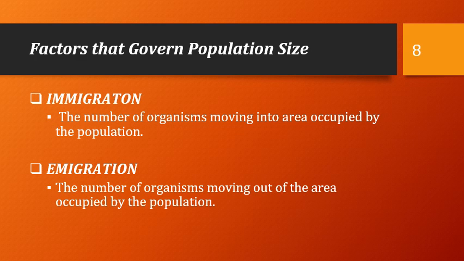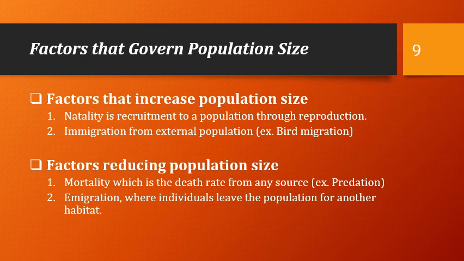So that is the difference between immigration and emigration. So these two things are the factors that govern population size. So these are attributes or dynamics of the population in a particular community. So moreover, these are the factors that increase the population size.